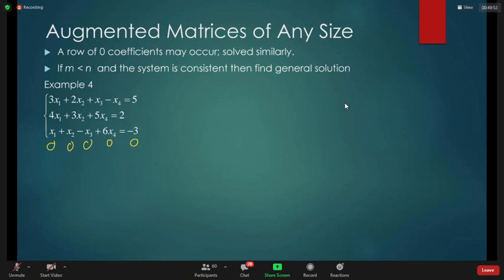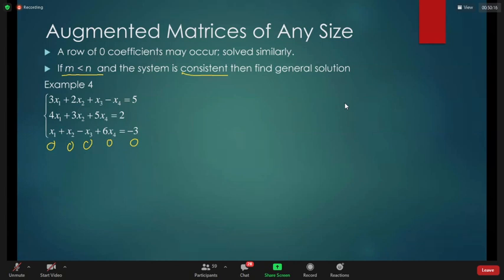And then if m is less than n, that is, if we really have fewer equations than variables, so more variables than equations, and if the system is consistent, then we can find the general solution. If we do not get a contradiction, then we can find the general solution.